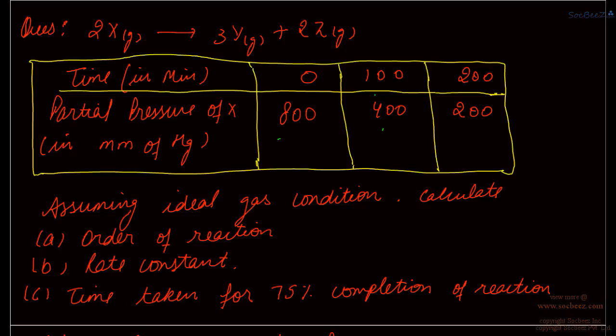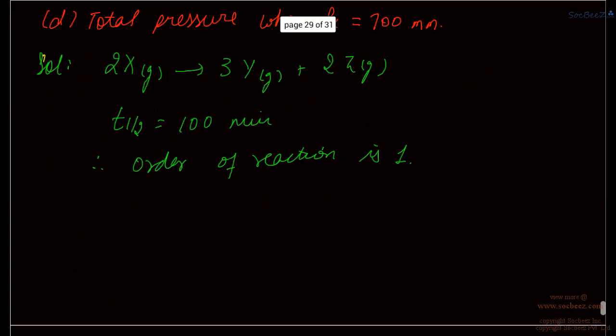Just observe it: after 100 minutes the partial pressure gets halved of its initial value, and after a further 100 minutes, partial pressure gets again halved to that of value at T equals 100. So therefore half-life of this reaction does not depend on the partial pressure of x at any time. So therefore the first part has been solved.